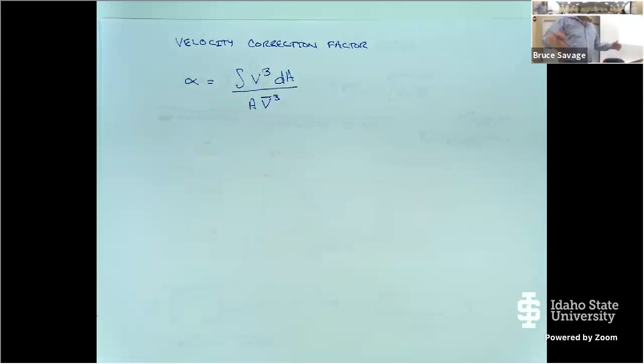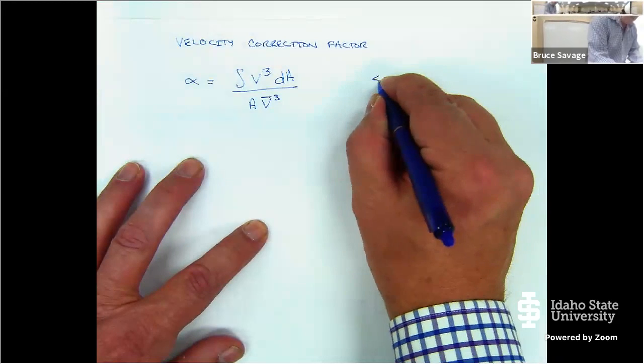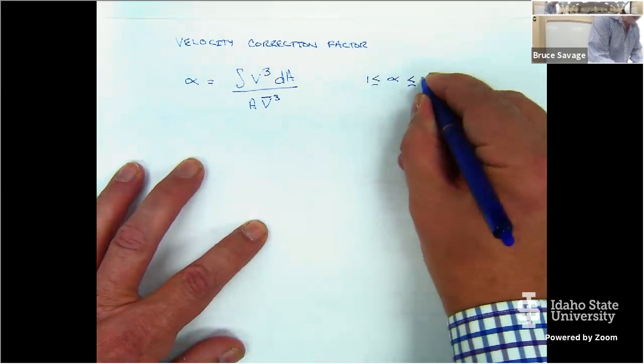Okay. Now the range for alpha is much bigger. So alpha can range from 1 to as high as 2.